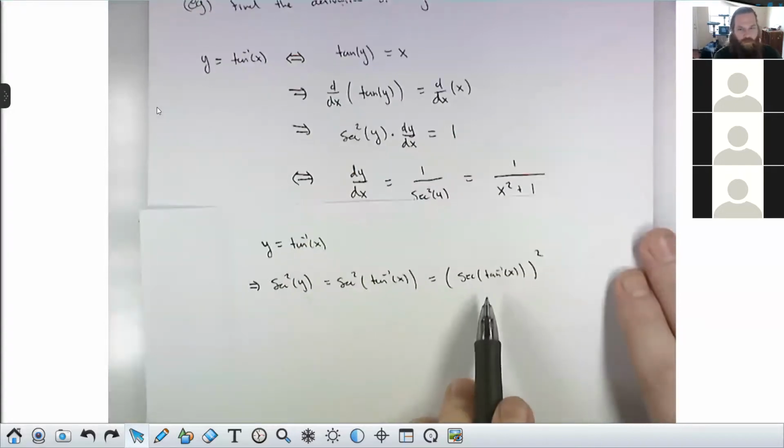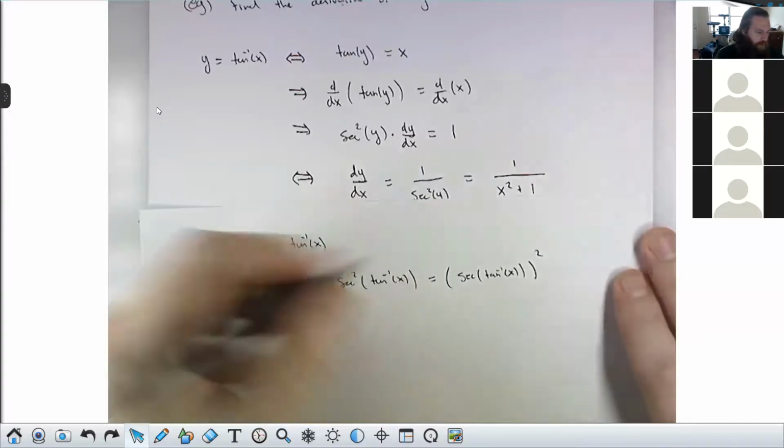And you remember in your trig classes, they used to give you stuff like this, secant of arctan of x, and say, rewrite this as an algebra expression.